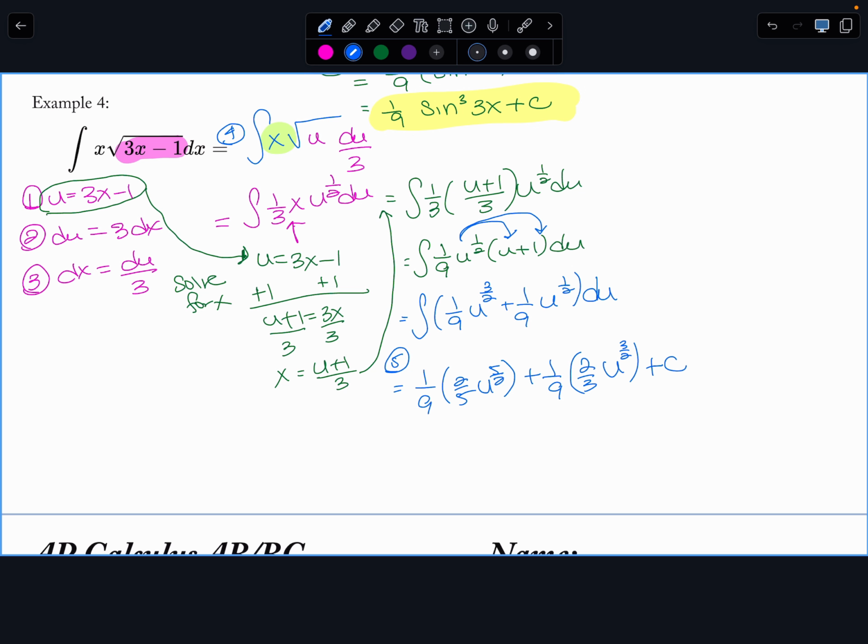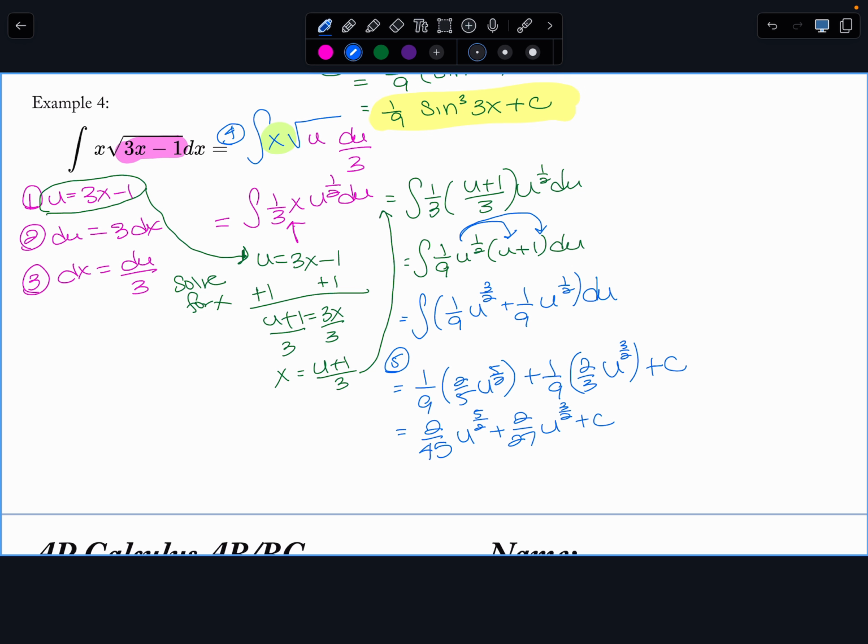Lots of effort. So a 2/45 u to the 5/2, plus 2/27 u to the 3/2, and then a plus c.